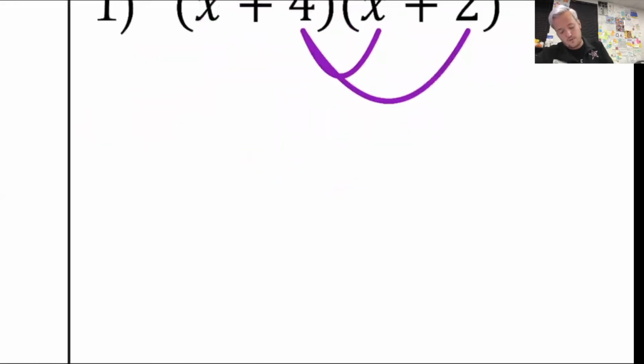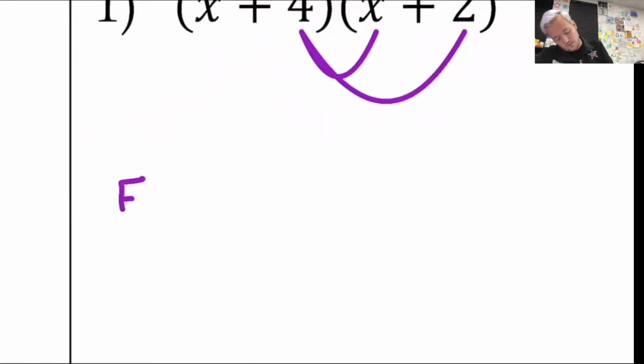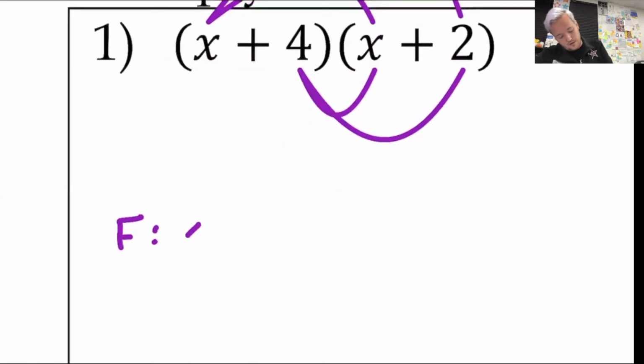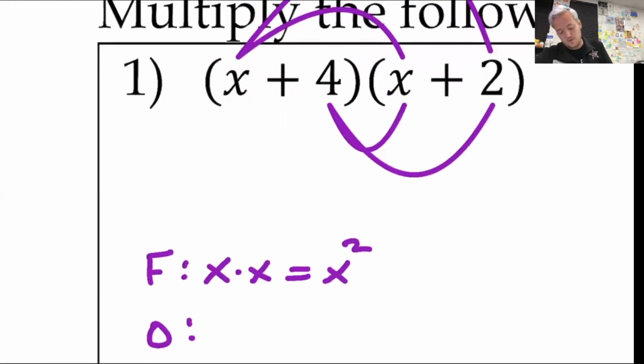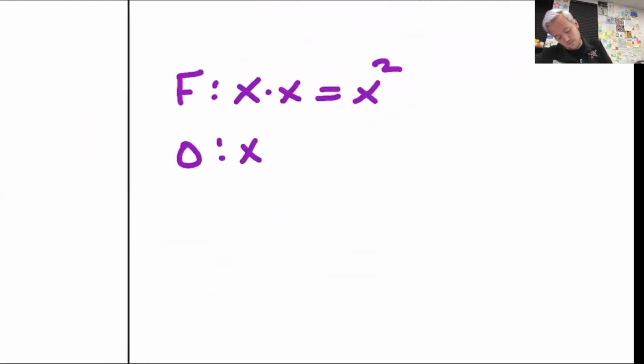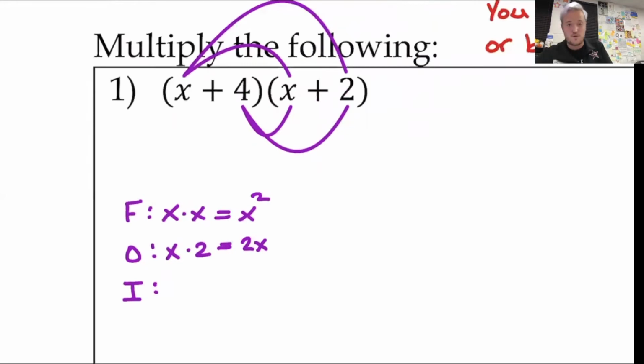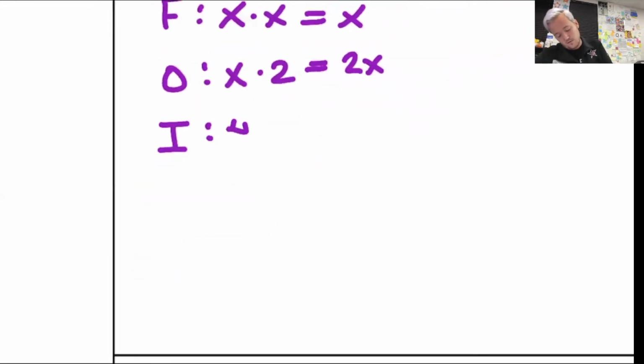All right, so your first terms, so F, it's going to be x times x, which is x squared. Then your outside terms, which is going to be x times 2, which is 2x. Then your inside values, which is 4 times x, which gives you 4x.